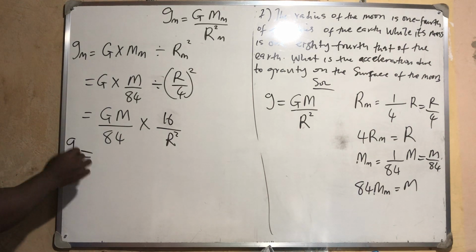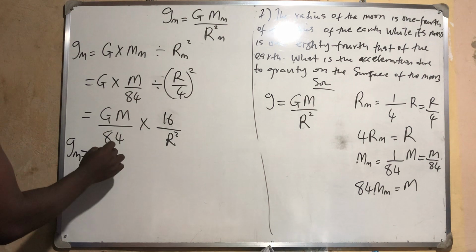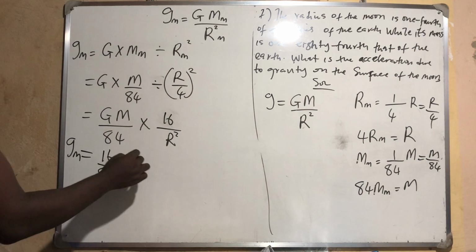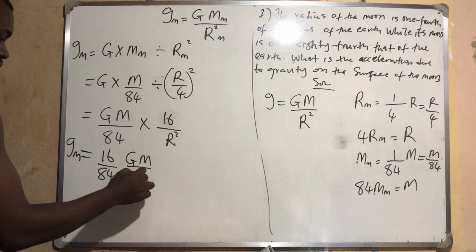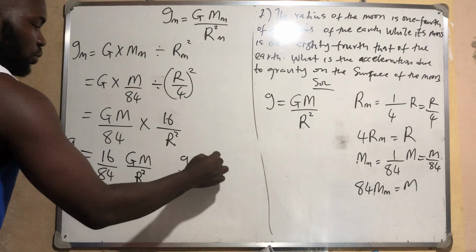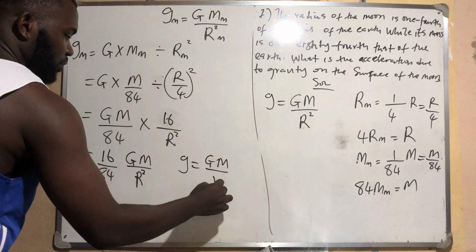So the constant I have is 16/84, times GM over R squared. And I know that normal g is equal to GM over R squared.